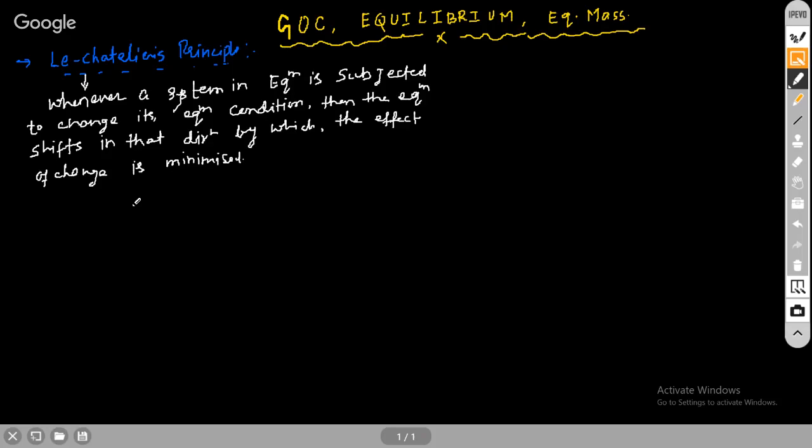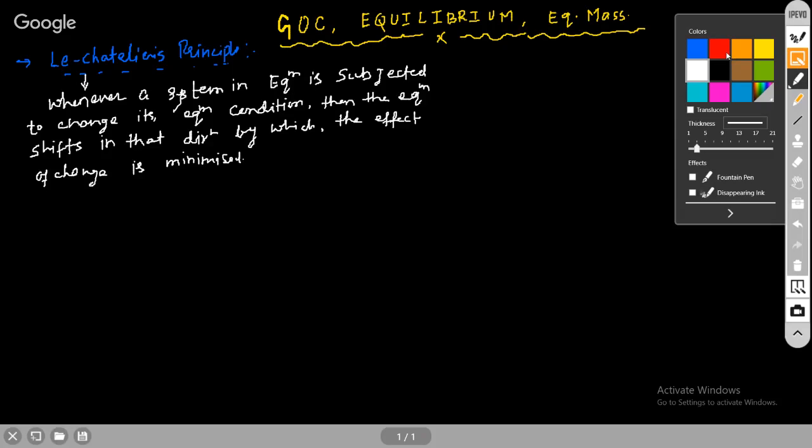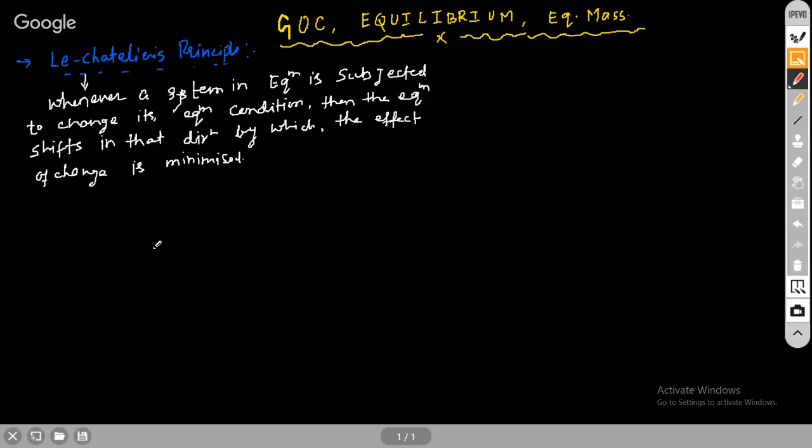Now you see, what is the meaning of this, when I said that equilibrium shifts in that direction by which the effect of change will be minimized? Simple example: suppose we have a reaction, and in that reaction I am increasing the concentration of reactant.